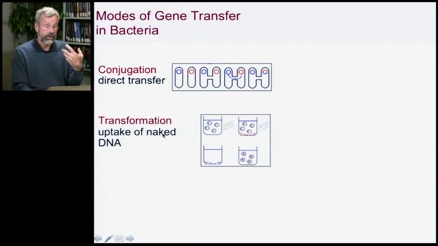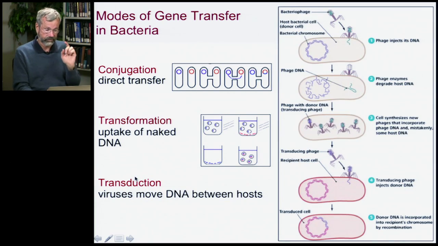And with transformation, we saw how bacteria will routinely try to reassemble a functioning genome from any freely available bacteria in the environment. We also have seen transduction, and this is where viruses move DNA between hosts. And I want to just go into this in slightly more detail.